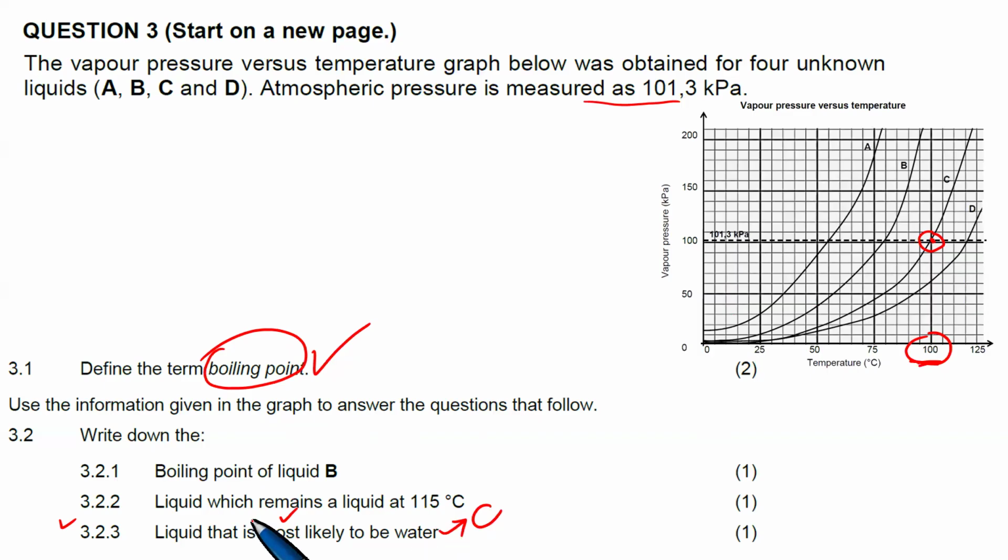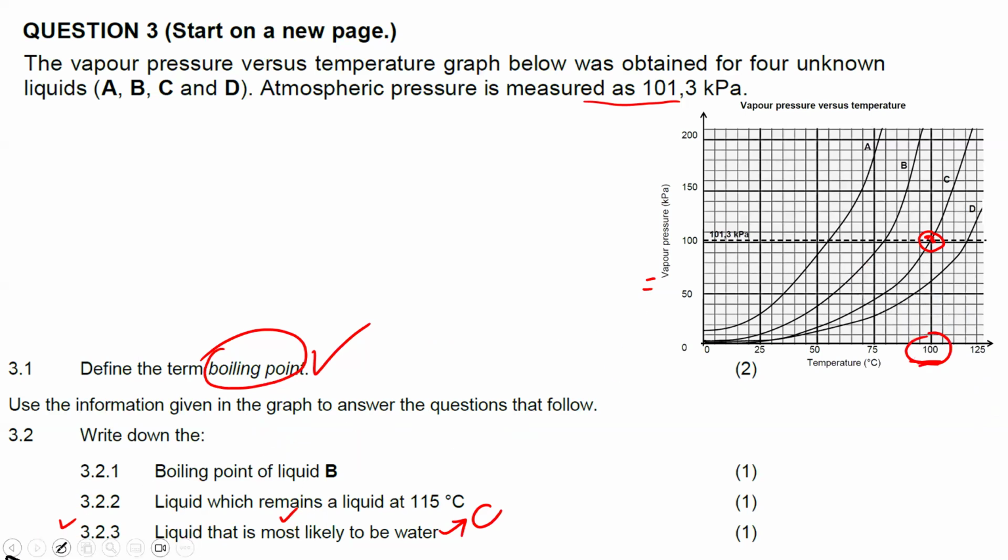So in 3.2.3, it is C, and C is nothing other than the liquid that is most likely to be water, because it is at 100 degrees that the vapor pressure is about the same as the atmospheric pressure.